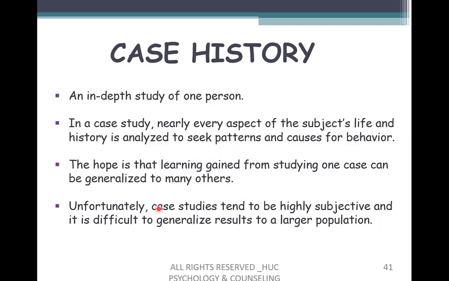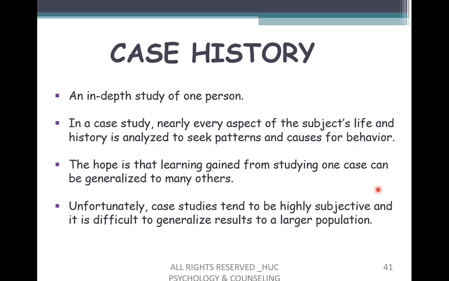But unfortunately, case studies tend to be highly subjective. What do you mean by highly subjective? One case study is unique only for that subject. If I am doing a case study on you, your case study will be totally different from another person's case study.